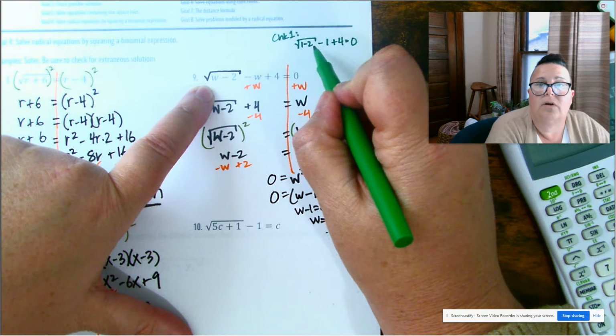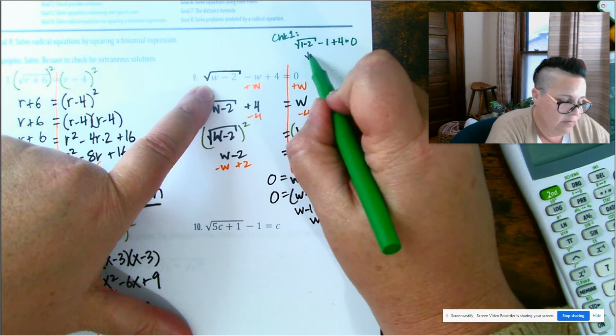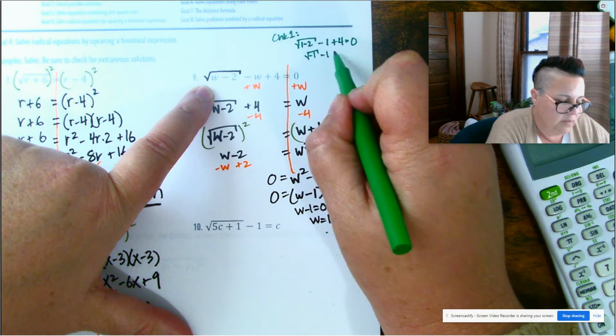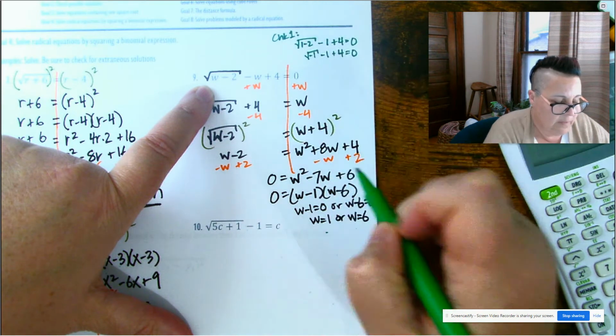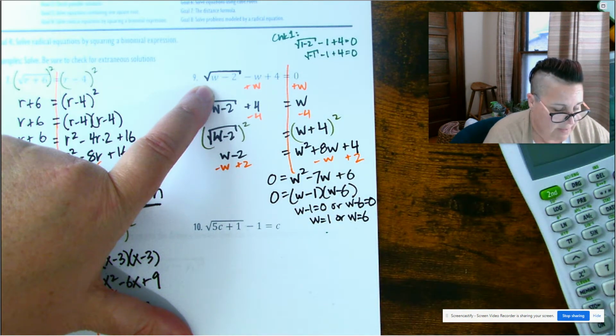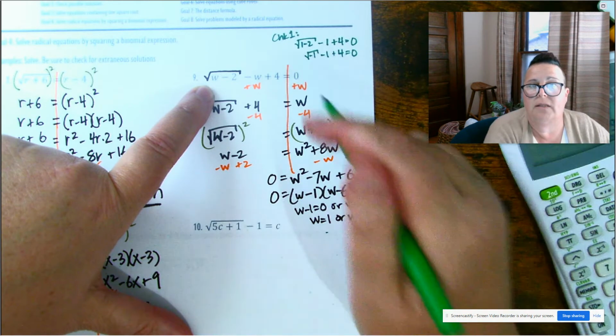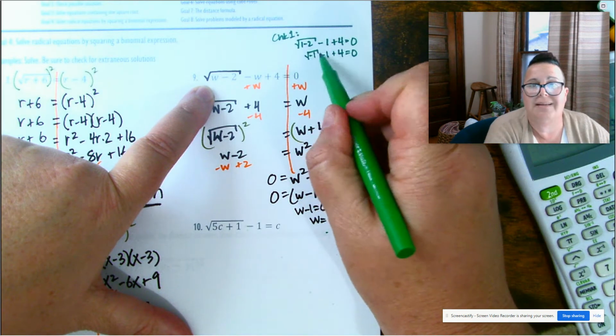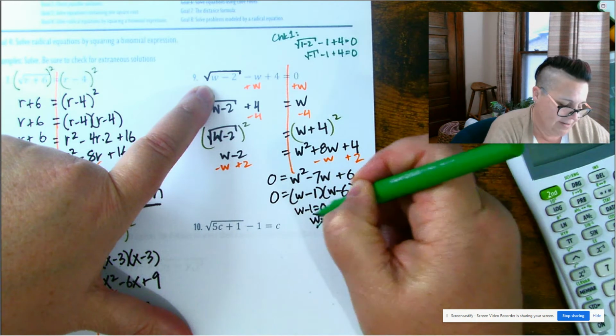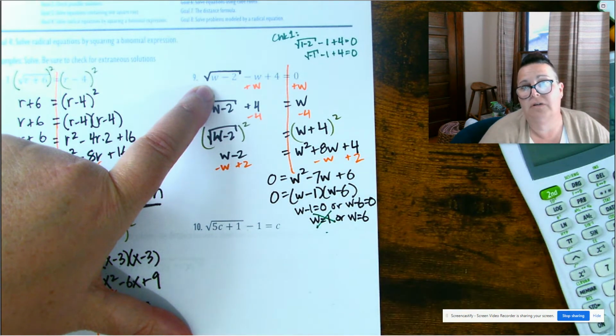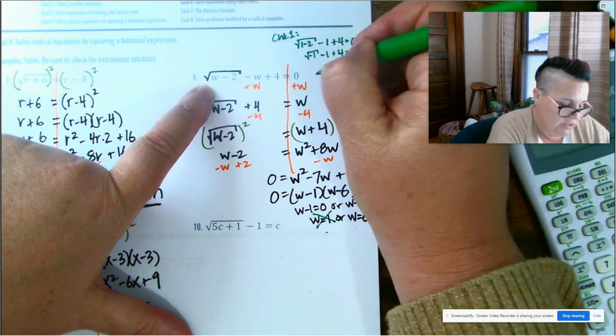The square root of 1 minus 2 is the square root of negative 1, minus 1 plus 4 is equal to 0. And the crazy part about this is I cannot take the square root of negative 1. Do you see how we got that piece right there? Cannot take the square root of negative 1, meaning that's an extraneous solution. It looks like it'll work on paper, but it really does not. What if we check 6?